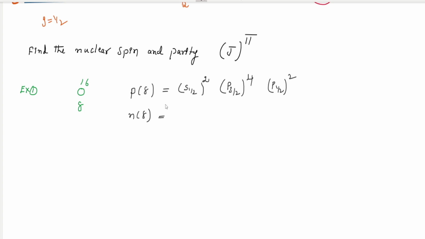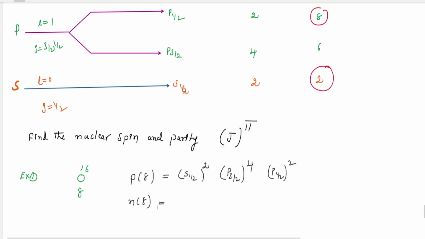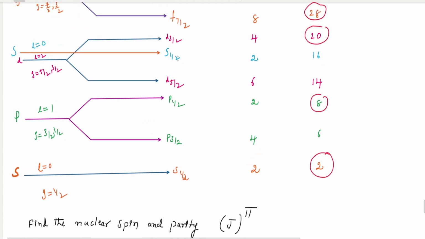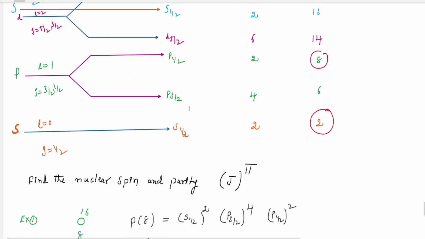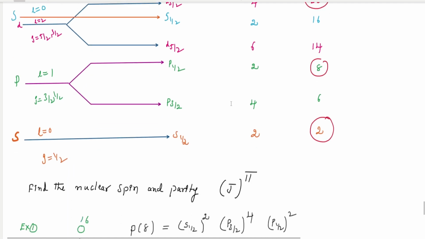So how can we remember these things? S1/2, P3/2, P1/2, P5/2, S1/2, D3/2. This is the order, so I'm taking this order, right? These are the pairs of nucleons, the magic numbers.